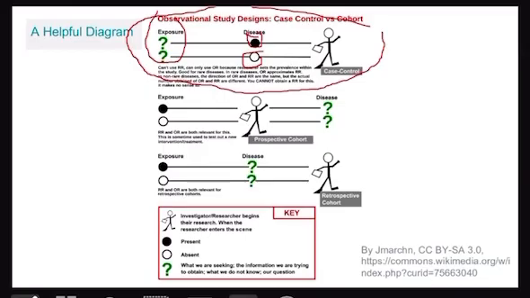That's why you cannot obtain a relative risk for this. It doesn't make sense because the researcher will be the one that sets prevalence in this case. And don't forget, this is particularly for a rare disease.